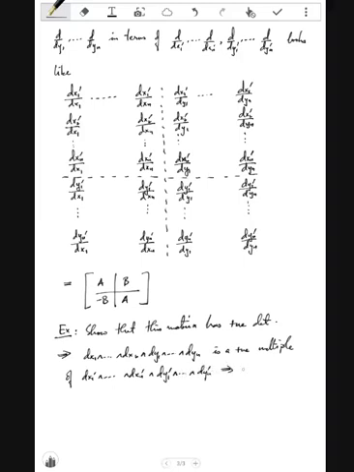So this implies we have given an orientation on M.